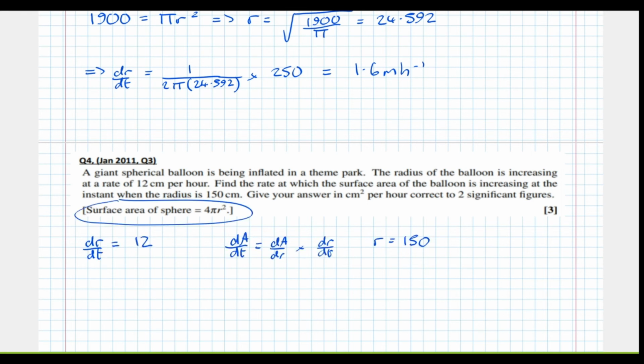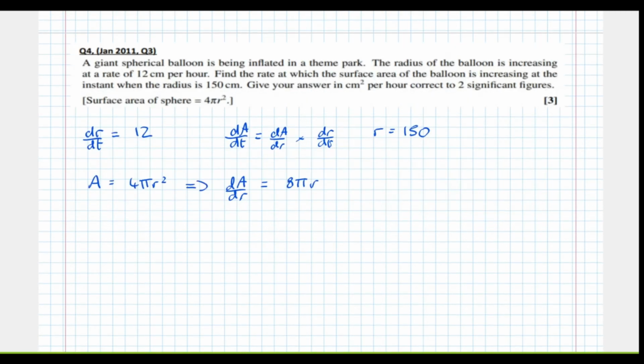So the surface area A equals 4 pi r squared, which means that dA by dr equals 8 pi r. I'll give you a moment to get that finished.